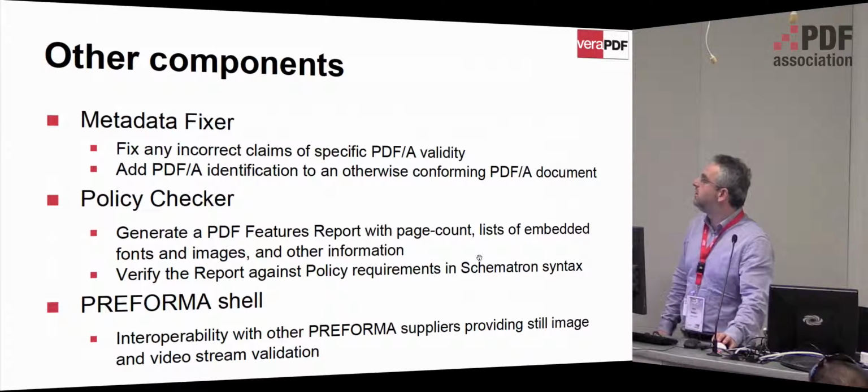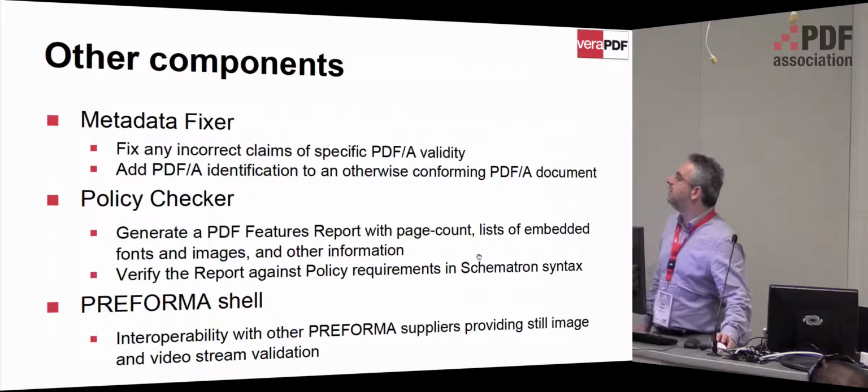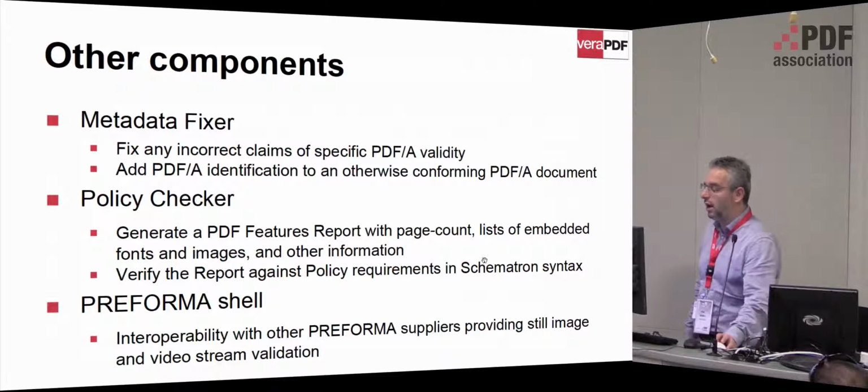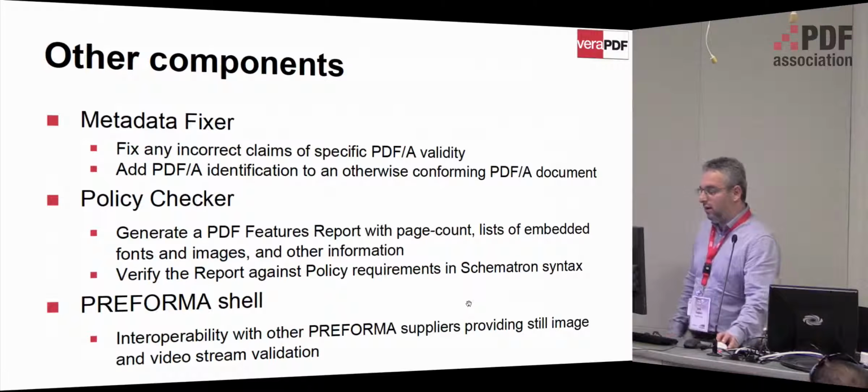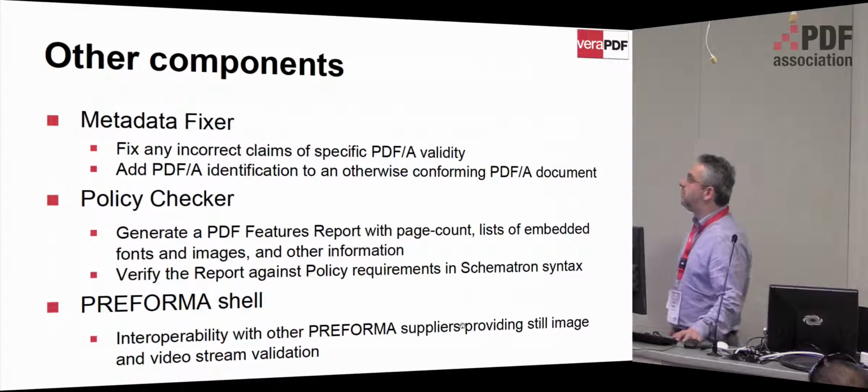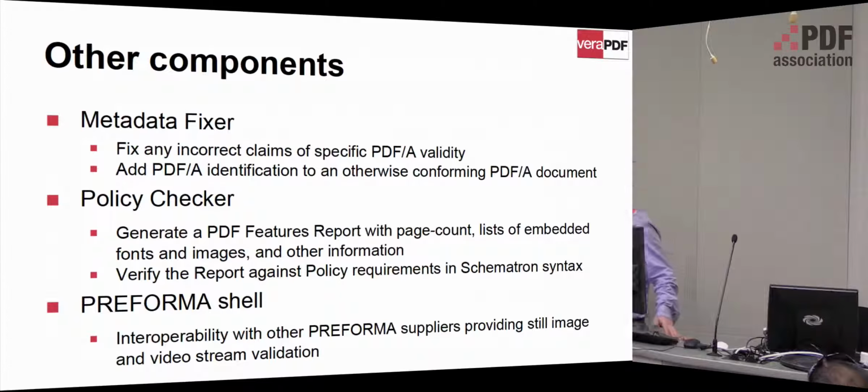So the policy checker is a tool required by library institutions, and this is exactly checking extra conditions based on our PDF feature reports. Plus, we have to interoperate with other providers doing video and audio validation.